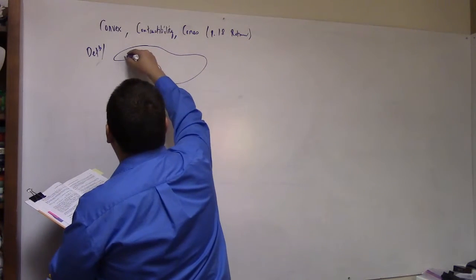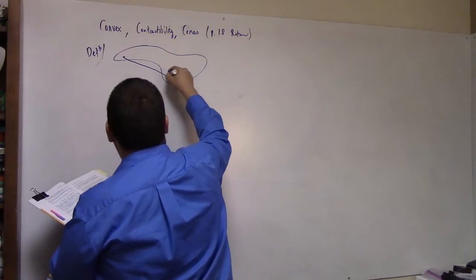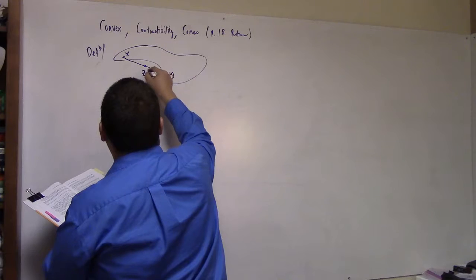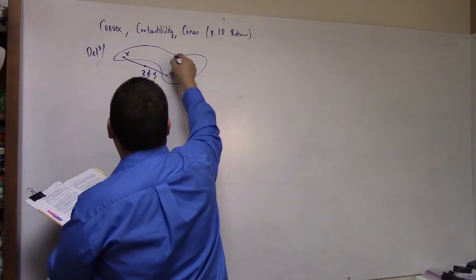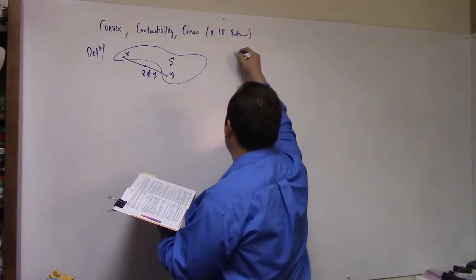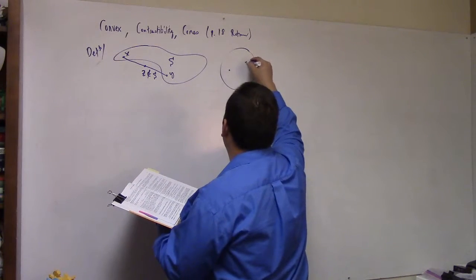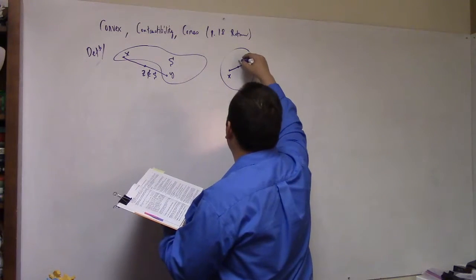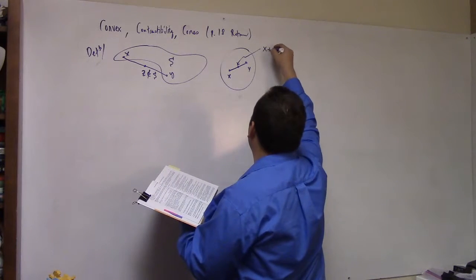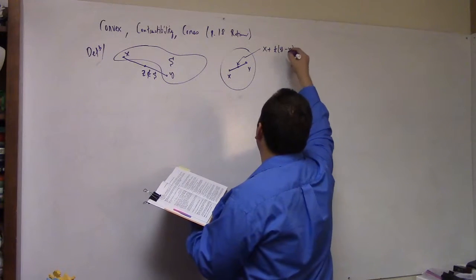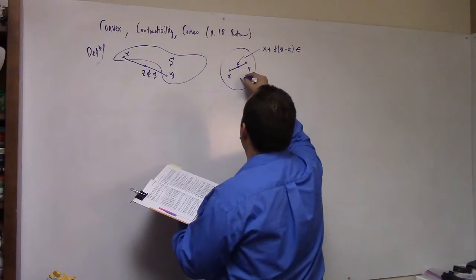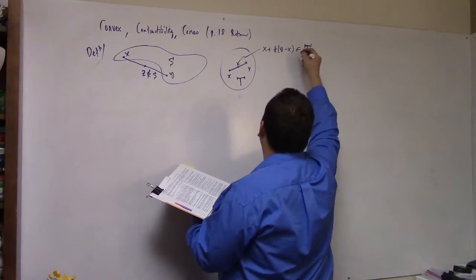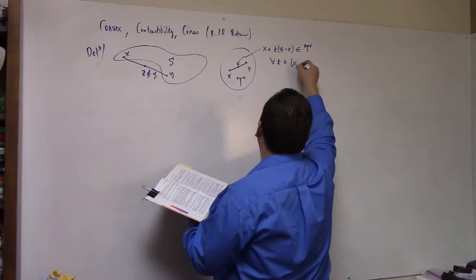This is not convex because the line segment joining this point x and this point y has points like z which are not an element of X. In contrast, something like this is convex because if you take the point x and the point y, every point in between, like x plus t times (y minus x), is an element of this set, call it big T, for all t in [0, 1].